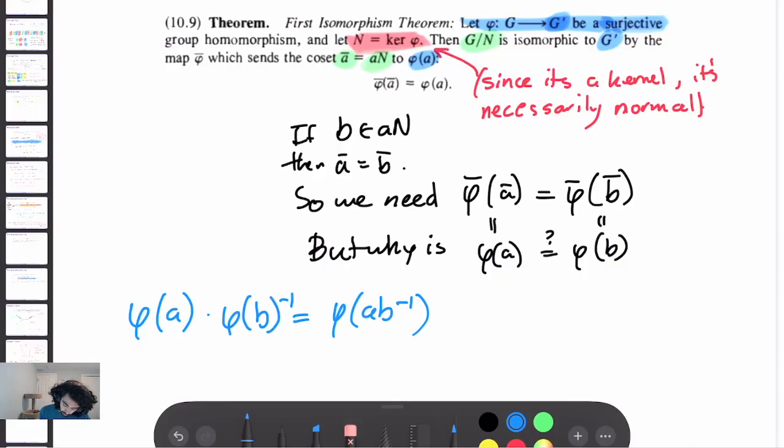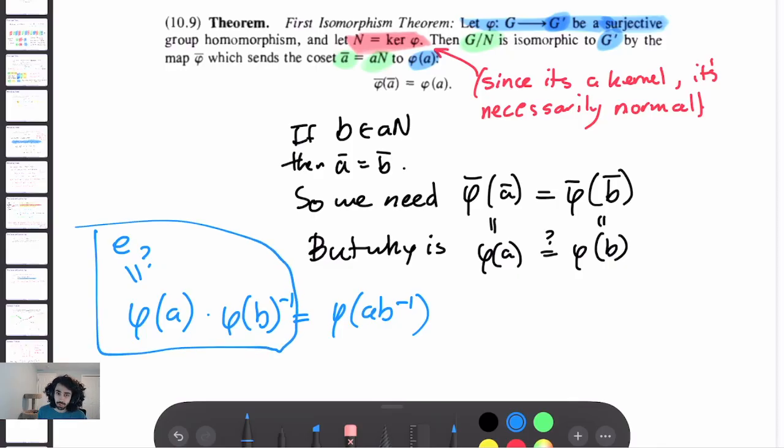If we could show that this was equal to the identity, then we could multiply this equation on both sides by phi of b, and we would get what we want. So it suffices to show that phi of a times phi of b inverse is equal to e, by multiplying this on both sides.